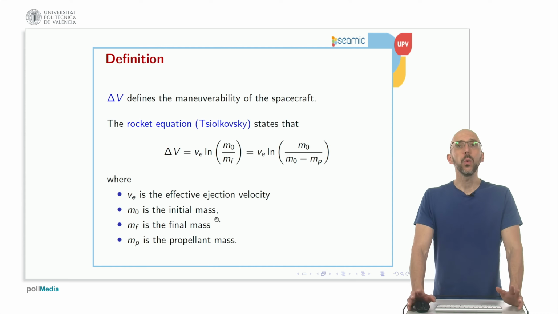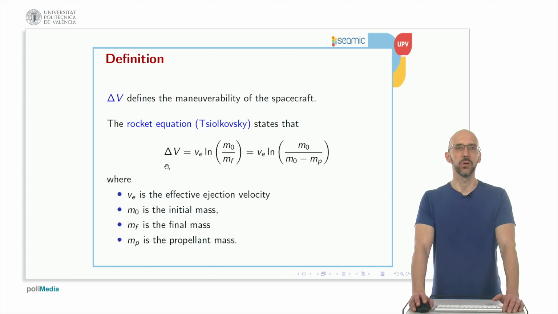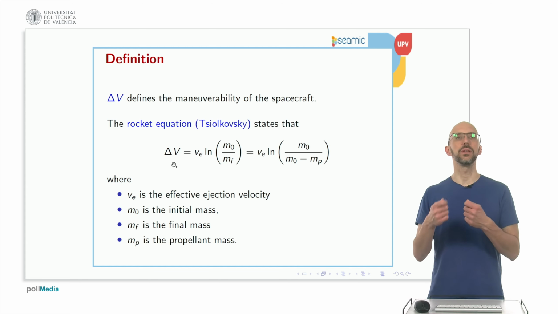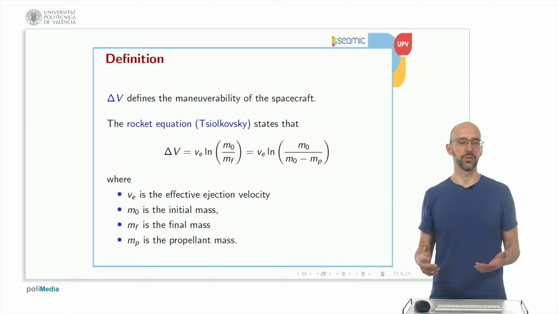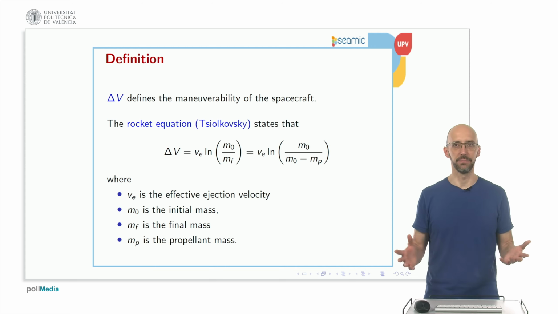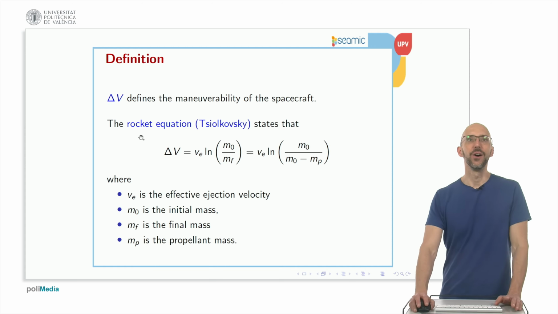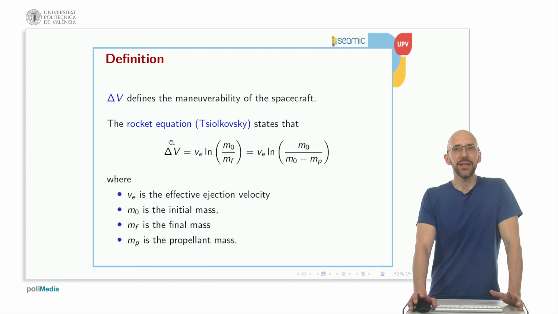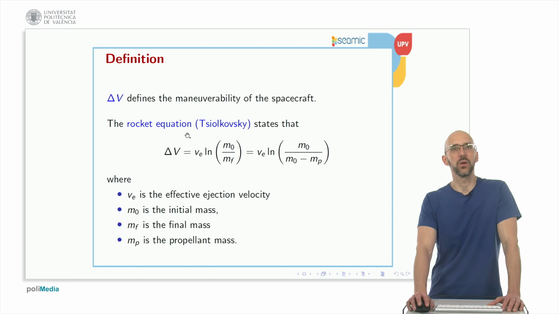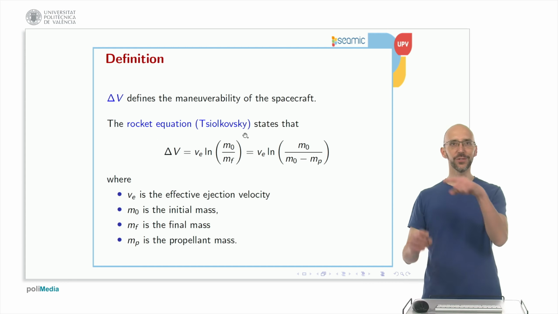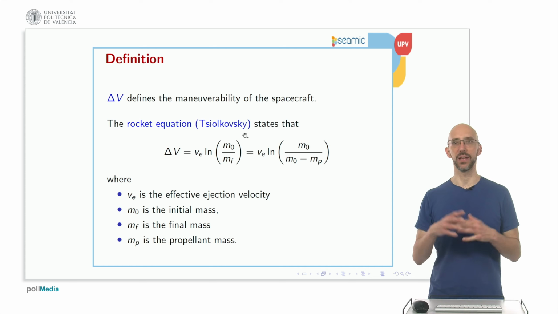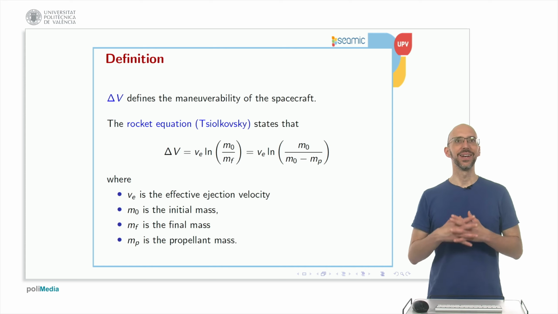How do we calculate a change in speed or velocity? Remember that the key idea is called delta V. This is the difference between the previous velocity and the final velocity. It's a very short definition. We are going to relate the variation in speed with what we call the rocket equation, named after Tsiolkovsky, a Russian name that is very hard for me.